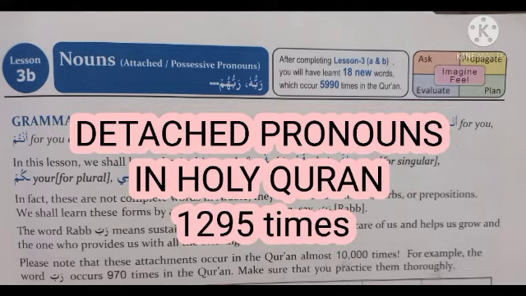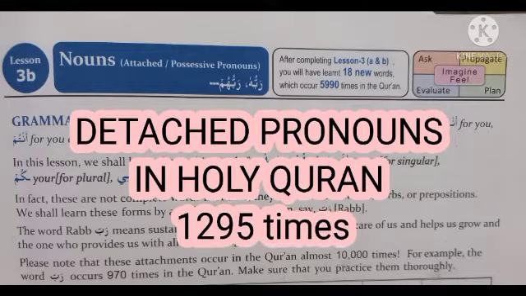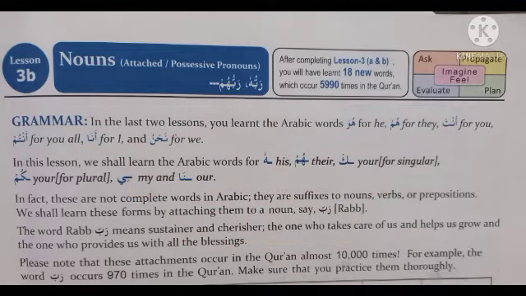So if you learn those 6 detached pronouns, you have learned approximately 1295 words, mashallah. Now as we are talking about the attached pronouns, let's see how many times they occur in the Holy Quran. These attachments occur in the Holy Quran almost 10,000 times, mashallah.